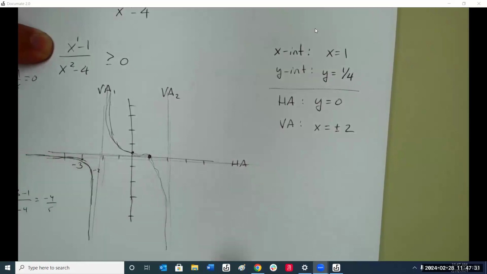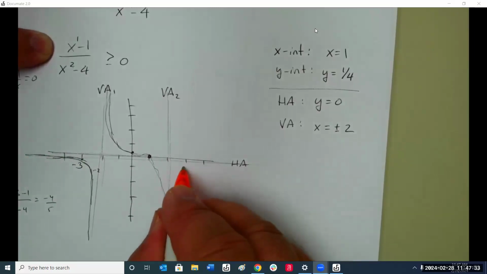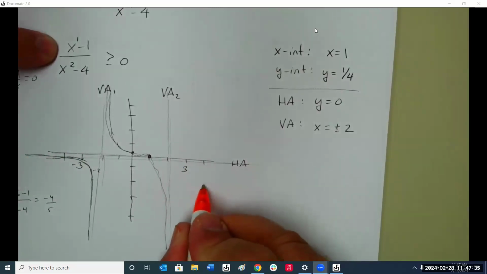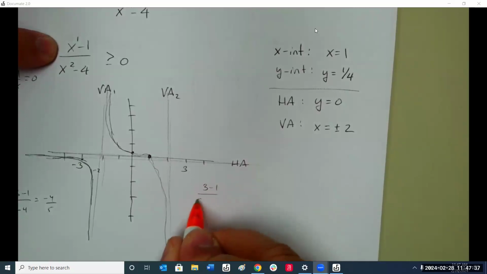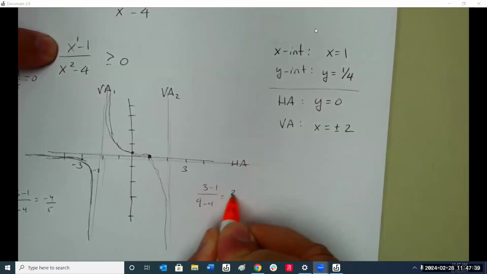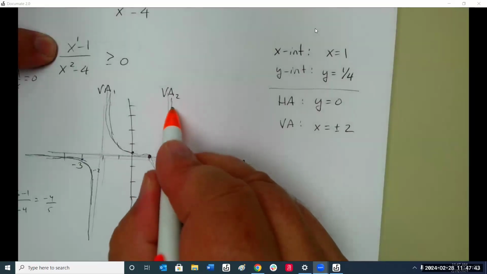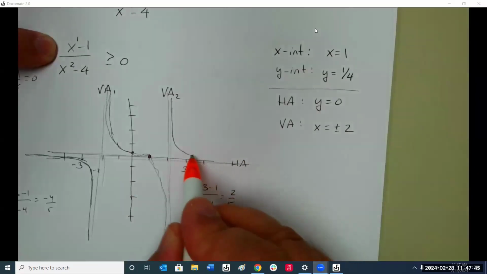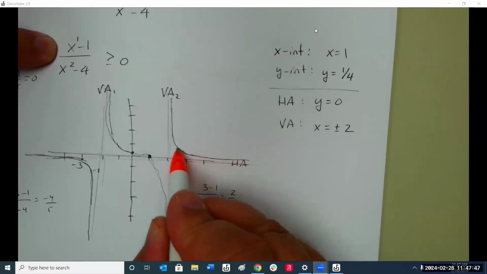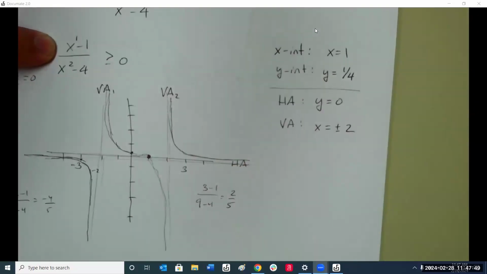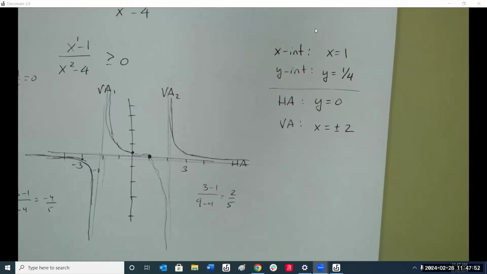There's no other x-intercept. And at +3, 3 minus 1, 2/5. So it's positive. So that's that one. That's what we did last class as well.